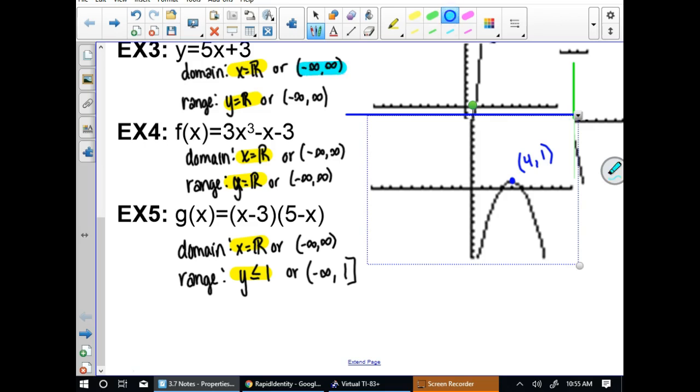This is a different kind of answer that means the same thing, and it's known as interval notation. So if I asked what is the range of x minus 3 times 5 minus x, you would probably have 4 answer choices, like y is all real numbers, y is greater than or equal to 1, y is less than or equal to 1, y is less than 1. But I also might use this instead.